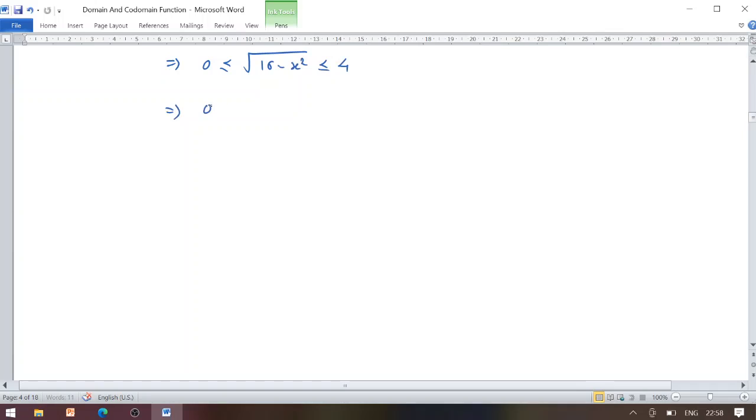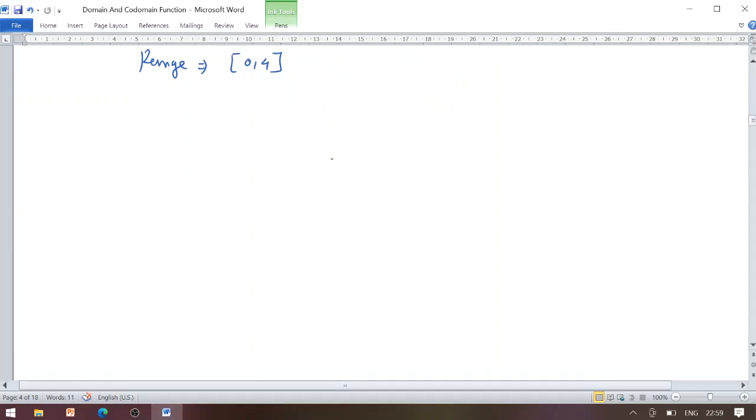Now root of 16 minus x square is the value of f of x, or you may say y. So f of x lies in between 0 to 4. You might denote it as f of x belongs to the closed interval 0, 4. So the range of the given function is the closed interval 0, 4.